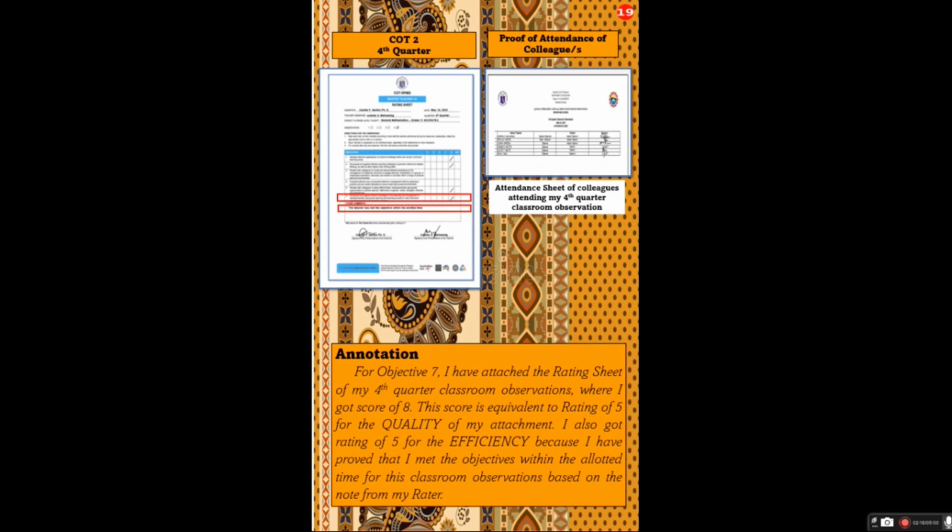So, ang attachment natin dito, again, is our fourth quarter classroom observation, highlighting our score for indicator number 7, indicator number 6, and the note from our observer of whether or not we met the objective within the allotted time, plus the proof of attendance of our colleagues. Ang annotation po nito ay parehas lang sa objective 6 kasi parehas lang po yung ginawa natin during the fourth quarter classroom observation. So that's it. Meron na tayong RPMS portfolio attachment para sa lahat ng classroom observable indicators.